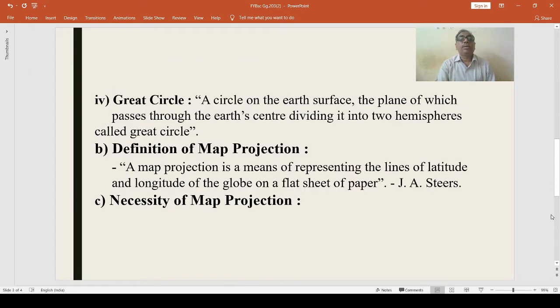Then, great circle. A great circle is an imaginary circle, the plane of which passes through the center of the earth and divides the earth into two equal parts. A circle on the earth's surface, the plane of which passes through the earth's center, dividing it into two hemispheres, is called a great circle.